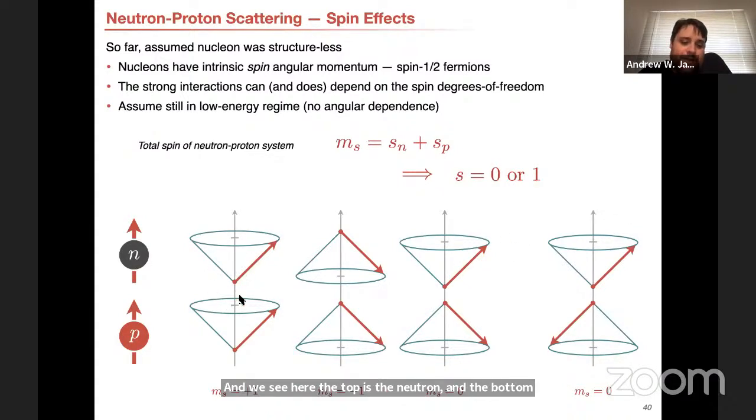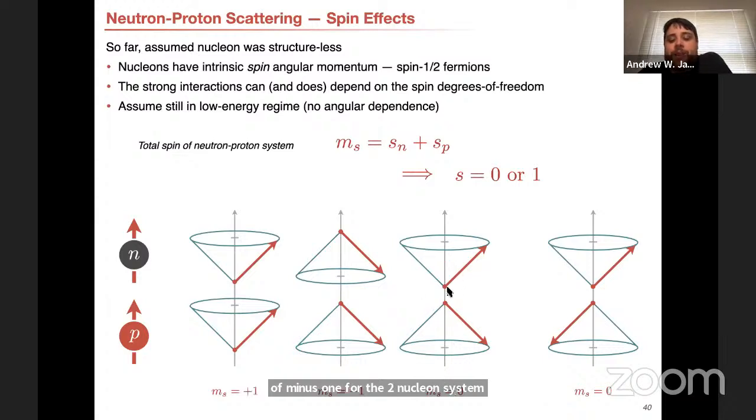Let's look at an example. In this first example, the neutron is spin up, the proton is spin up, therefore the total spin projection, Sn plus Sp, is +1. In this case, you have -1/2, -1/2, so if you add them up, you have a total spin projection of -1 for the two nucleon system.